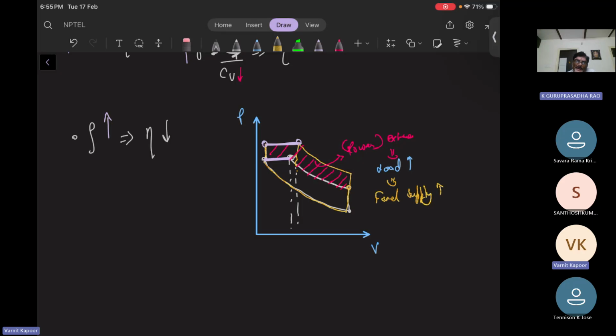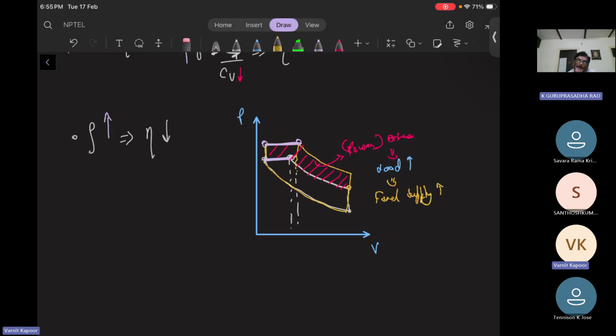Power will be increased with the increase of rho, and fuel supply is also increasing, but the efficiency may decrease.